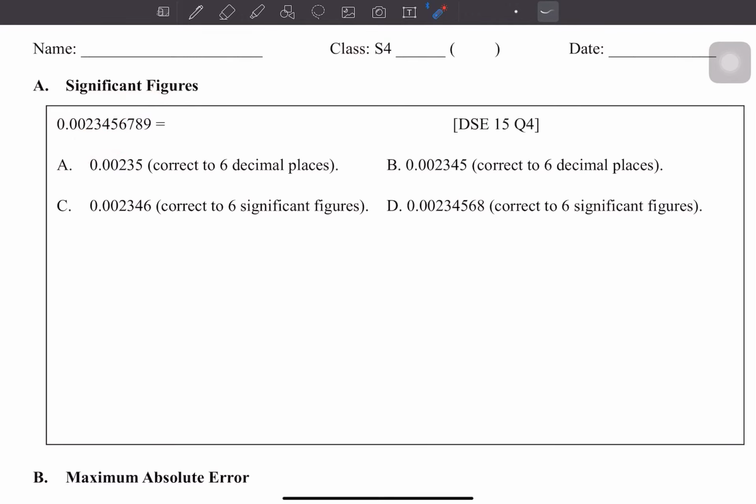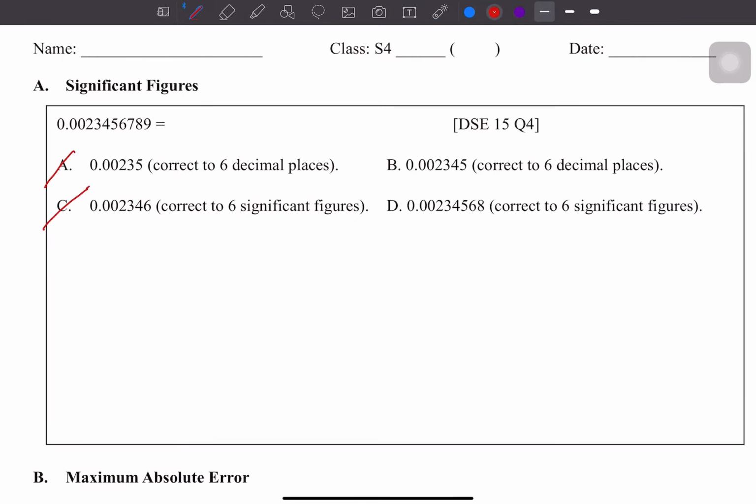So let's see which one is correct. If you want to correct to 6 decimal places, I will consider this number. We have 5 only, so I'm sure that A is not the answer. How about C? In this answer, I can only find 4 significant figures here, but this is 6 significant figures, so incorrect.